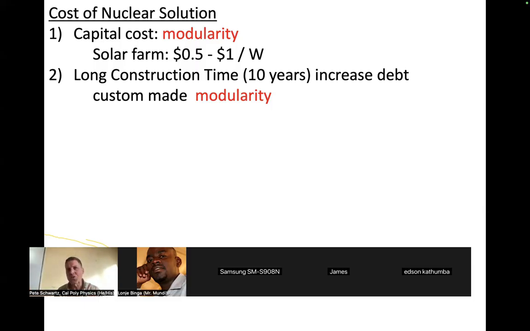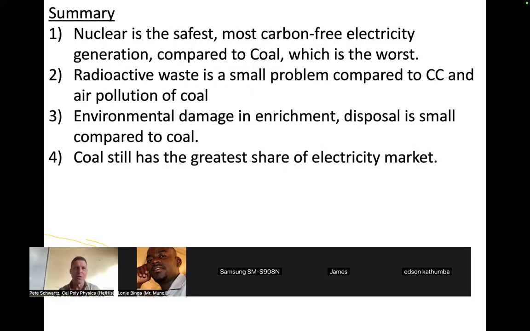How can you reduce the construction time? Same answer: make them modular. So, you want a nuclear reactor? Boom, I'm going to produce one and send it off to you tomorrow. That's the solution. We'll talk about that in tomorrow's class, how we are improving nuclear over time.